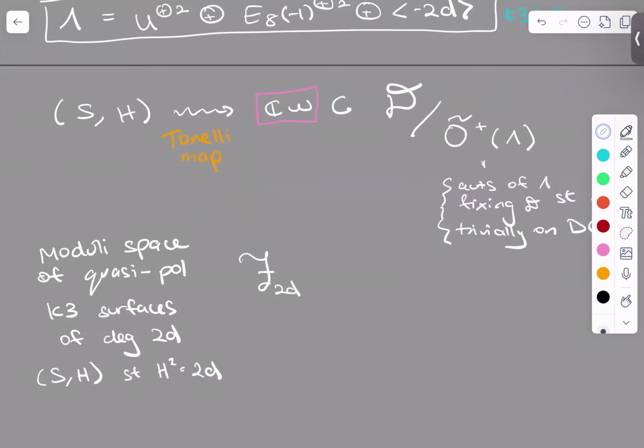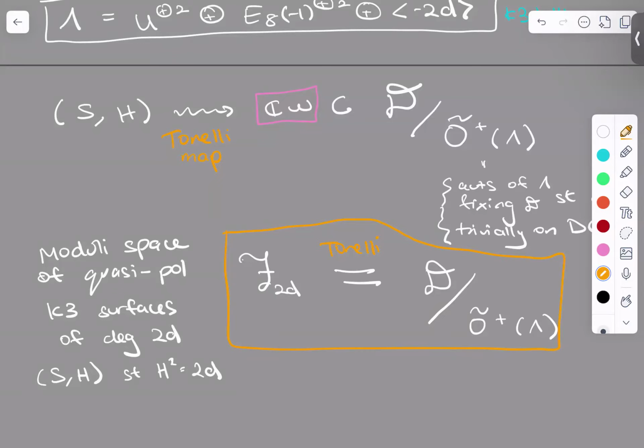2D, and via this Torelli map we have an identification of this moduli space with this quotient that I've written right here, D mod O tilde plus of lambda. And in fact, this is, in some sense, the definition of this moduli space.